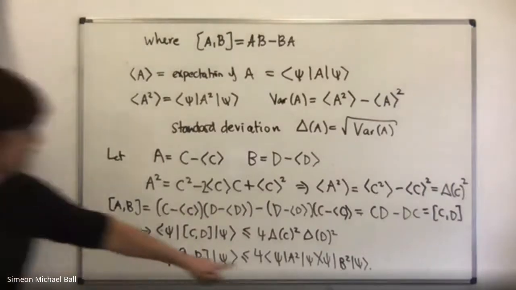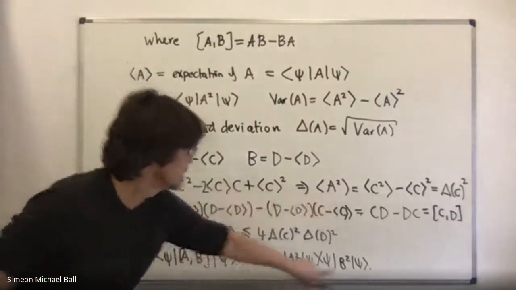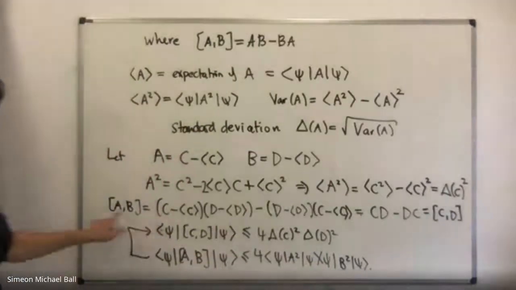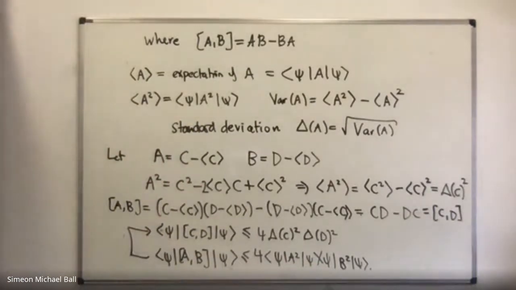Okay, so I just substitute the fact that this is the average of A squared, this is the average of B squared, and these commutations don't change.